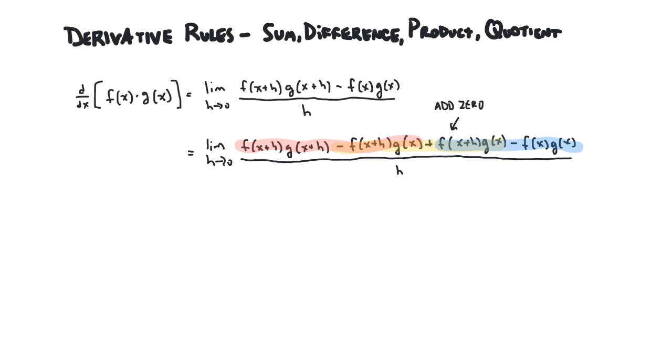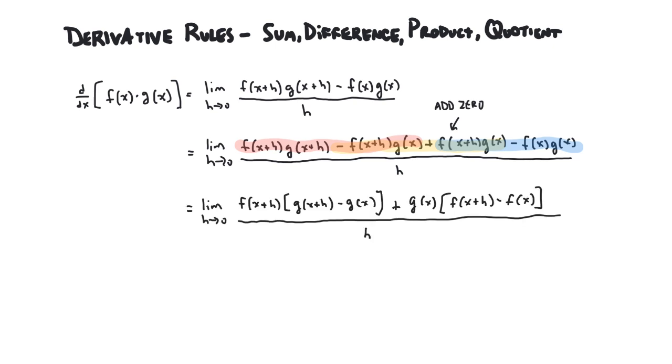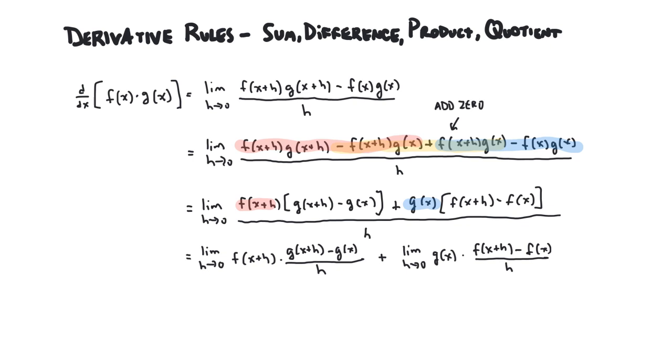And now it's set up to do a little factoring by grouping. Among the first two terms, I'll factor out an f of x plus h. Among the second two terms, I'll factor out a g of x. And now what I see is that I'm looking at a limit of f times g's derivative plus g times f's derivative. And that is the derivative rule for a product.